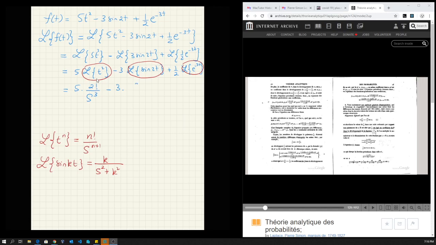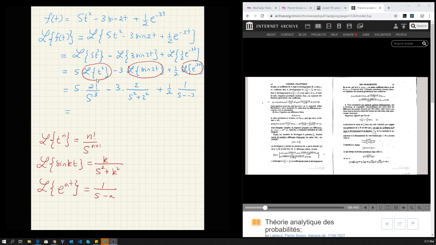So this will be 2 on top over s squared plus 2 squared, plus 1/2 times the Laplace of this exponential. Well, we know from our table, and we proved this from the definition, that Laplace of e to the some number times t is going to be 1 over s minus that number. So this becomes 1 over s minus 3.